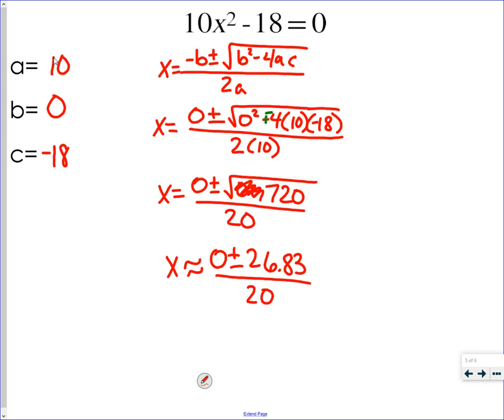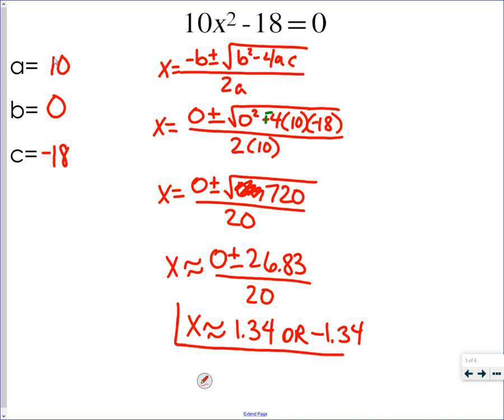So 0 plus 26.83 is just 26.83. 26.83 divided by 20, I'm going to get that my first answer is going to be 1.34 when I round. 0 minus 26.83 is just a negative 26.83 divided by 20 is going to be a negative 1.34.